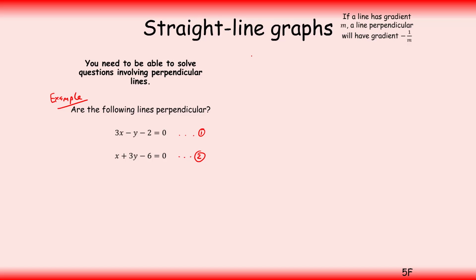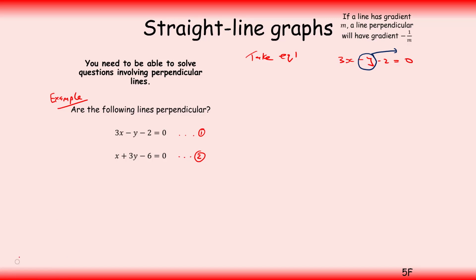So if we take equation 1, that is 3x minus y minus 2 is equal to 0. If I set it out as y equals mx plus c, I'm going to try and keep the y positive. So I'm going to float it over the other side, and the minus y becomes a plus y on the other side.